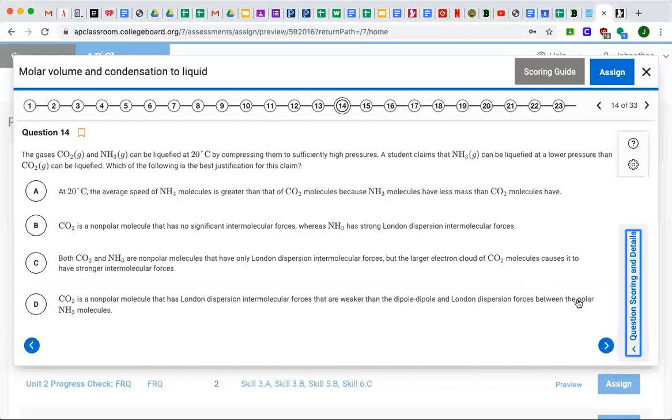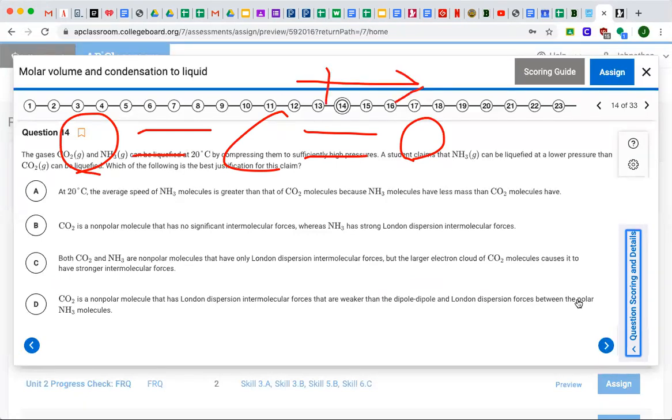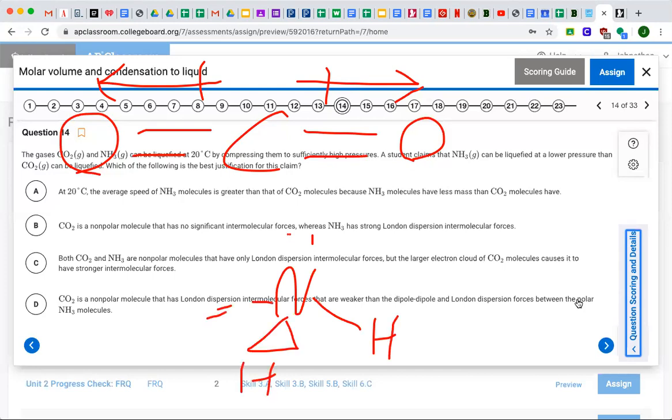And I'll show you why. All right. So, CO2 is held together this way. So, CO2 looks like this, and that's a nonpolar molecule, right? Because you've got one dipole here, you've got another dipole here, but it's nonpolar altogether because those dipoles cancel each other out. Whereas in NH3, nitrogen, remember, is bonding with hydrogen, so it's sucking electron density away from the hydrogen atoms.